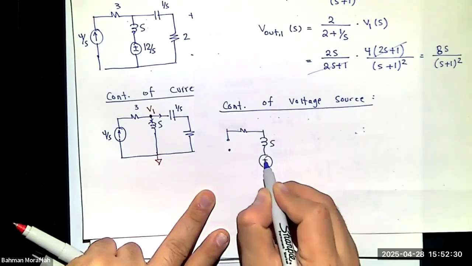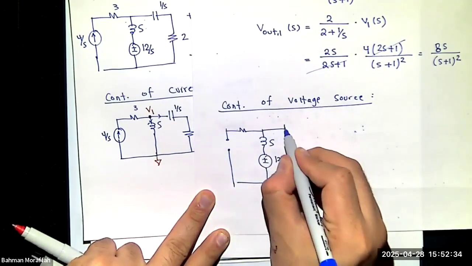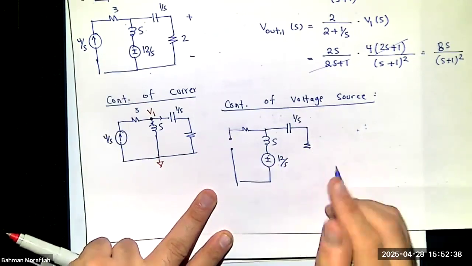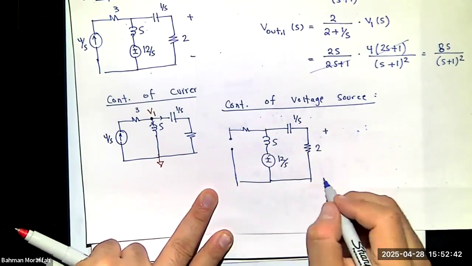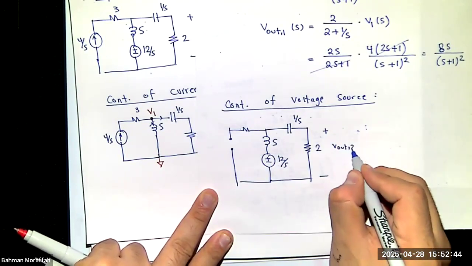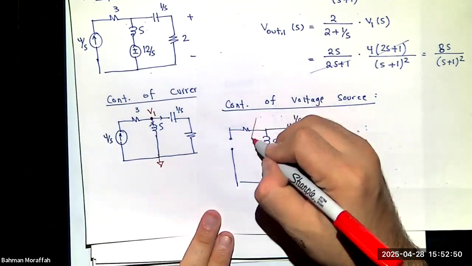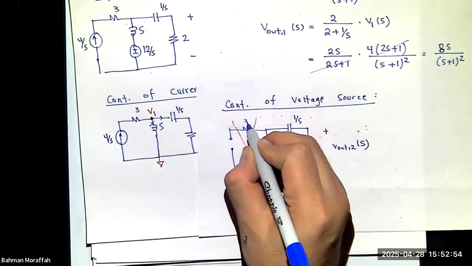I have S, 12 over S, this 1 over S, and that's 2. And let's just call the voltage across this V out 2. Right? Again, remember this portion is completely gone.